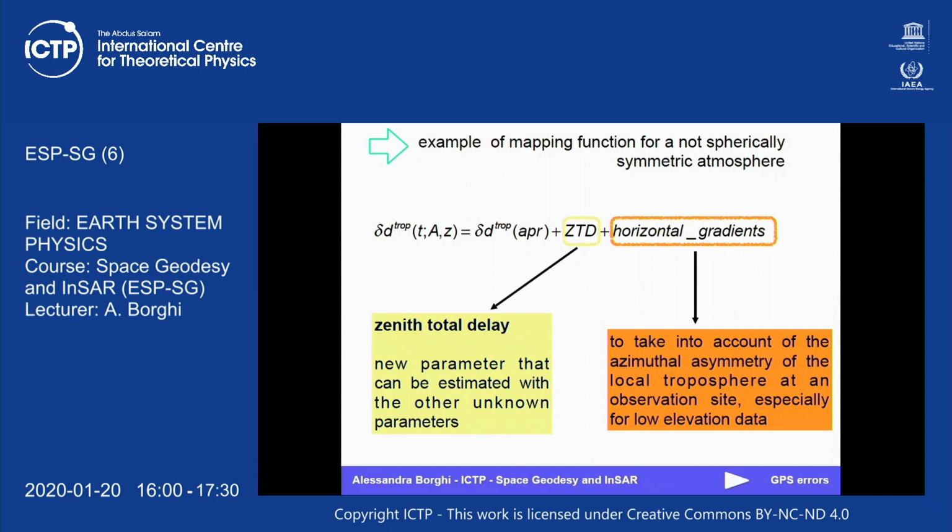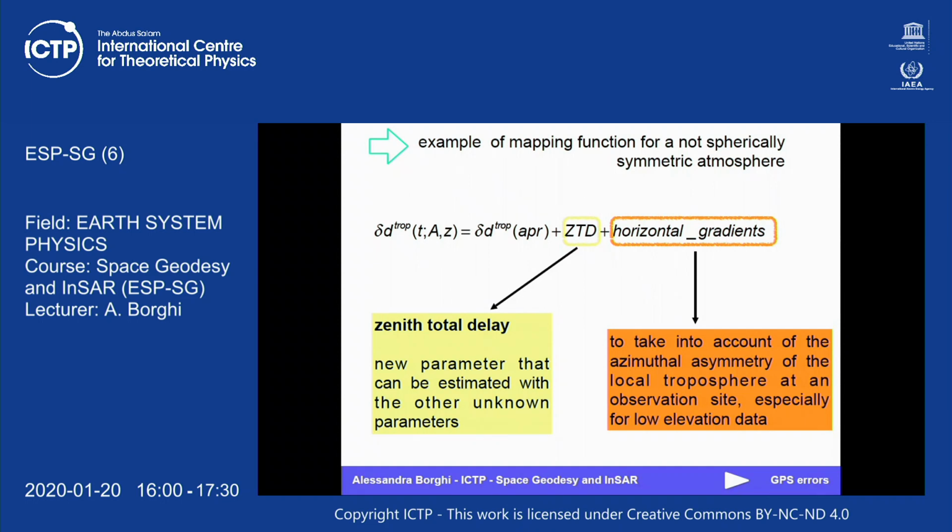Now, for each station, you have a set of tropospheric parameters in terms of delay at the zenith direction and in terms of gradient, which take into account this non-symmetric condition.